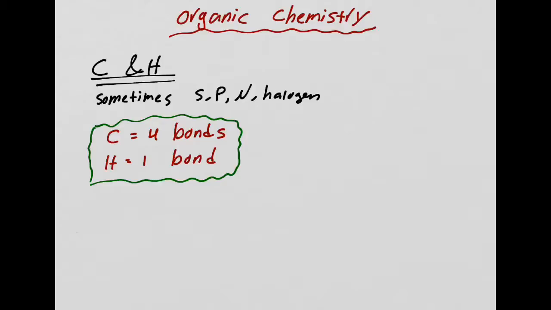We're going to do Lewis structures for carbon atoms. CH4 is an organic compound because I have nothing but carbon and hydrogen. I want you to draw the Lewis structure for this. You already know how to do this, but the way I want you to do it, put the carbon in the middle and put the hydrogens around it. I've taught you to count electrons, but you don't even need to count electrons.